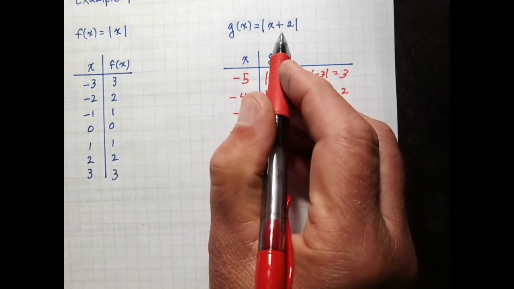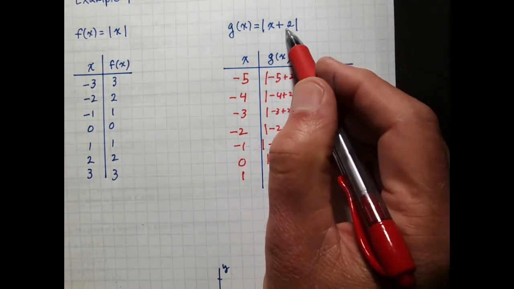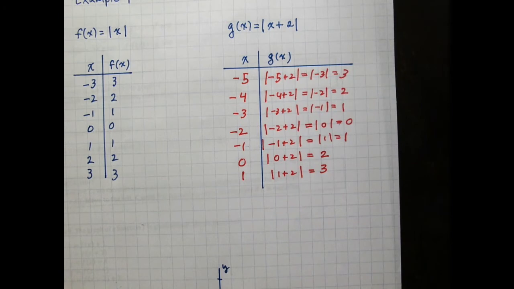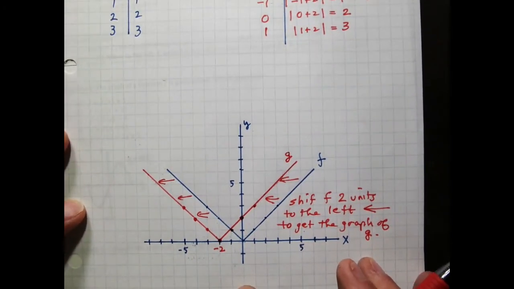It's inside the absolute value bars, and yet we don't move in a positive direction. We actually shift the graph of F in a negative direction to get the graph of G.